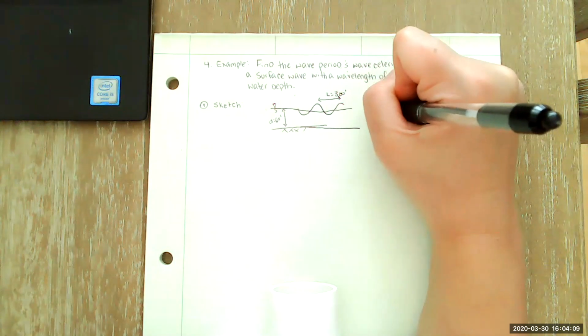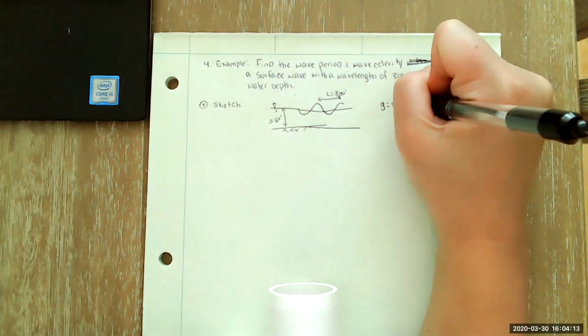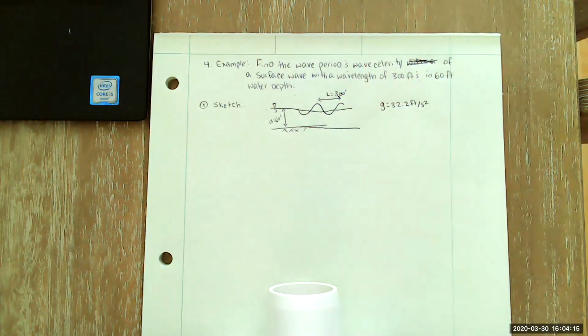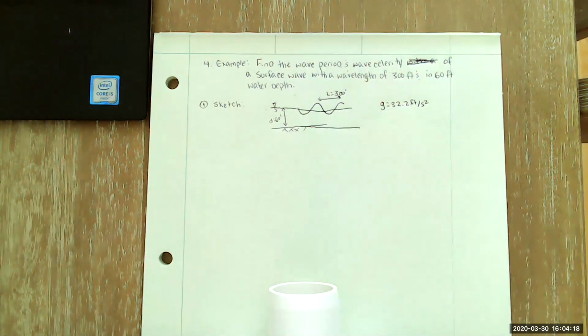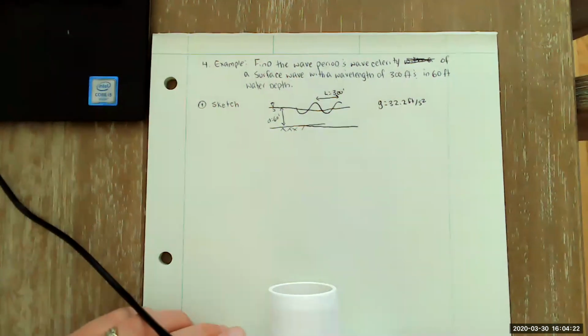And I also know that gravity in English units is equal to 32.2 feet per second squared. Kind of all the information I have, but that's plenty to calculate what we need to calculate.